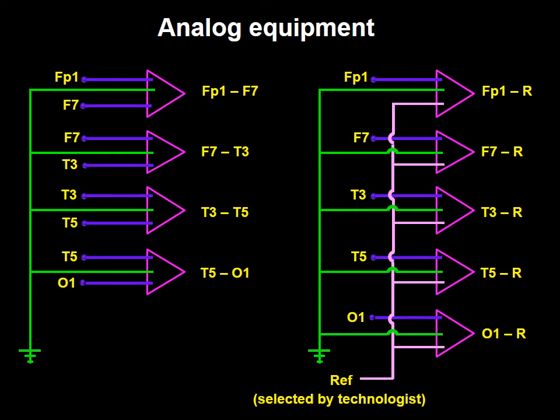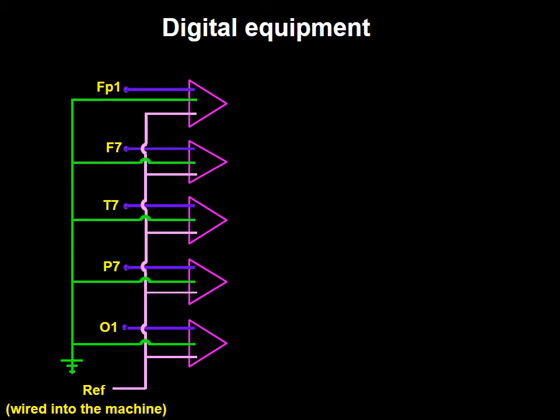In the next frame I am going to take you to a different world. That is the world of digital EEG. For the explanation of digital equipment, I will use the modified 10-20 system guidelines. Take a moment to look at this figure.